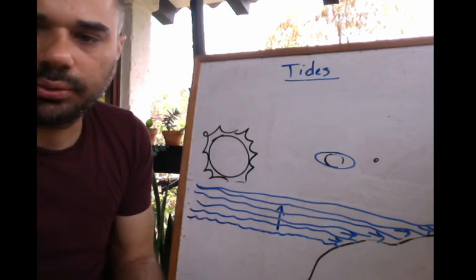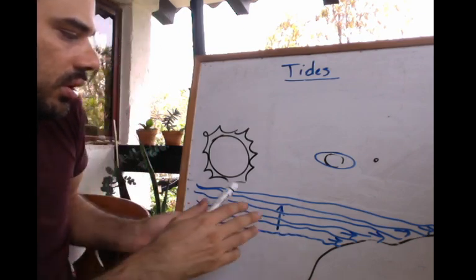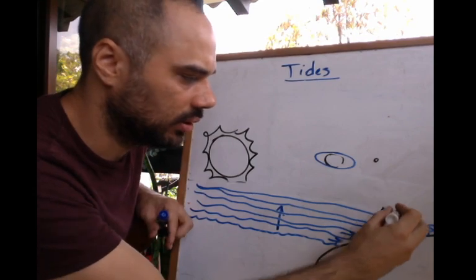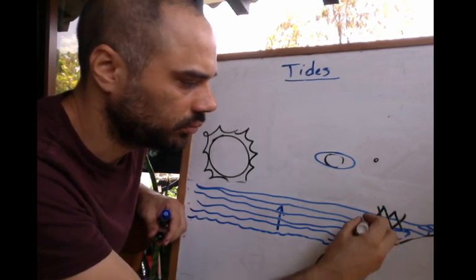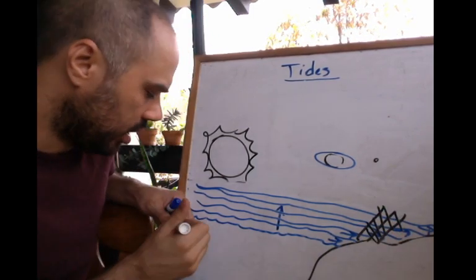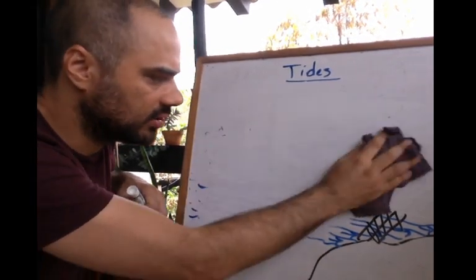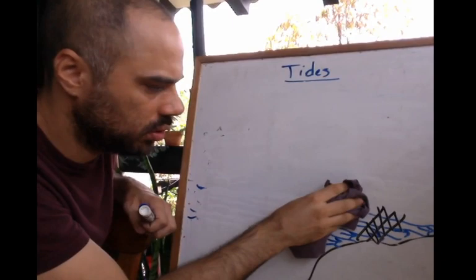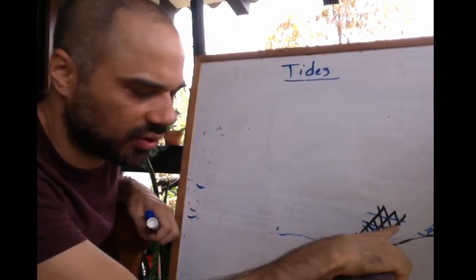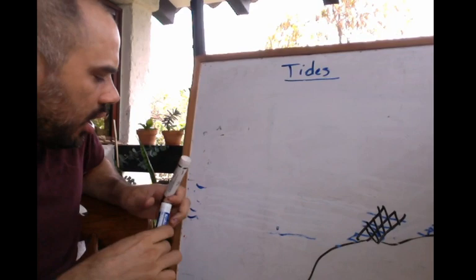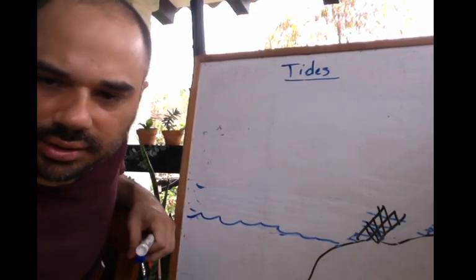Some people even know how to fish this way, because imagine that you have a high tide and you put a net over here. When the tide is low, check this trick out. When the tide is low, all the fish are going to be trapped on the net.